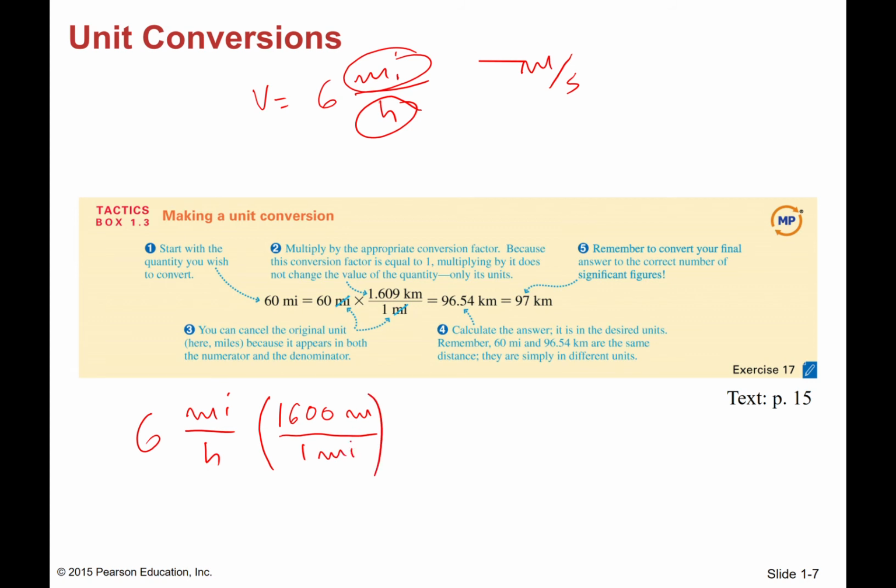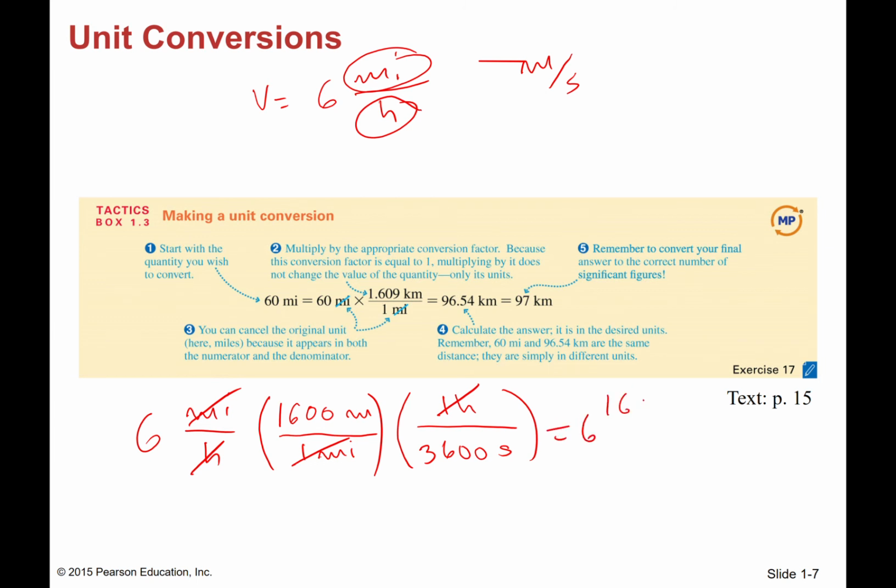By doing this, I'm going to be able to cancel the miles because I have miles upstairs and downstairs, and then I'm going to be left with meters. And then I need to convert this to seconds, and I'm going to use the trick again and multiply by 1. But now I want seconds to be downstairs, so I'm going to have 3600 seconds, and up top I have 1 hour. So then this cancels this, and this cancels this.